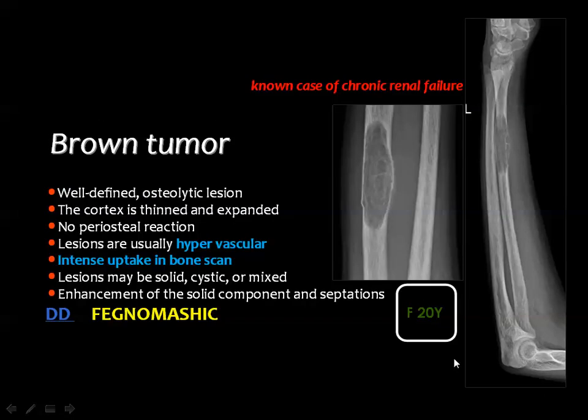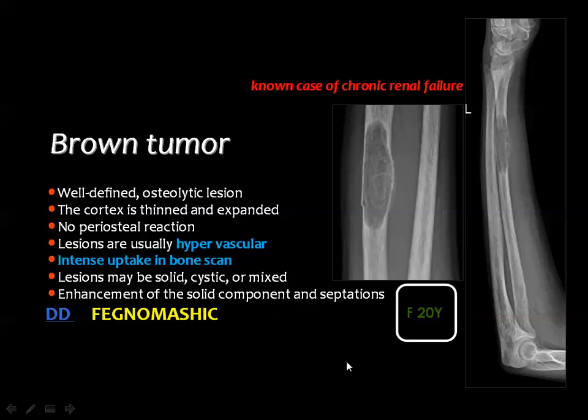If you look at the skeleton, you will see an osteolytic lesion with a sclerotic margin and an expanding nature, maybe with internal trabeculation, that will go into the differential diagnosis of FEGNOMASHIC, as you remember from the expanding benign lesions in the bone. And this is the abbreviation for the list of expanding lesions in the bone.